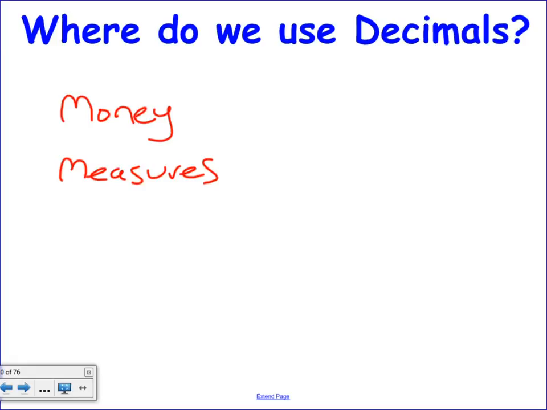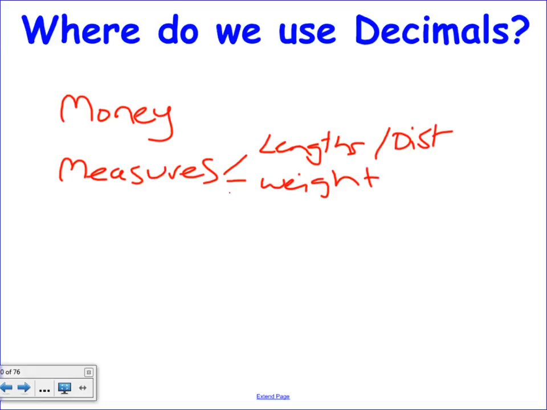Okay, so measurements, perfect. Not measurements on just lengths, but also weights, okay? Capacity, and what else? Distance, yeah? Lengths and distance, kind of the same thing. So we've got distance, we've got weight, we've got capacity, and there's something else that we measure.